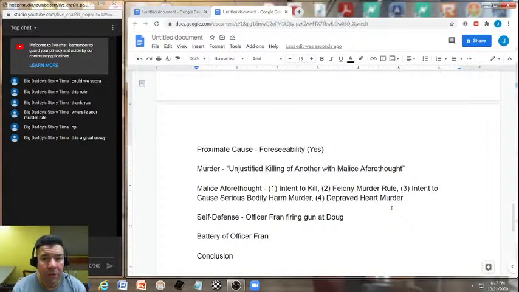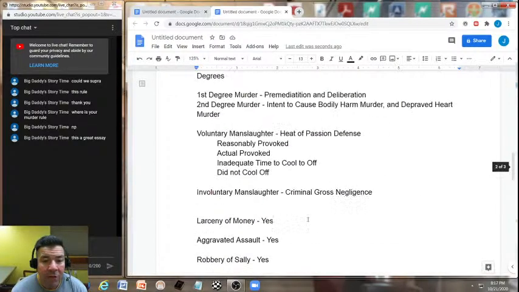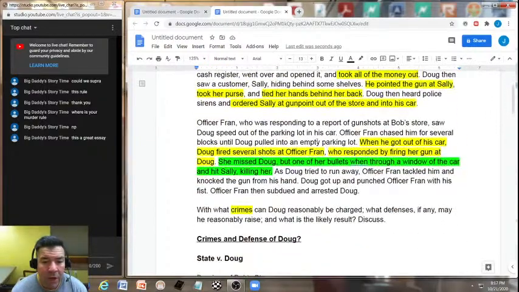So we're going to bring up the inherently dangerous felony aspect later, but we have satisfied all the requirements for our felony murder rule, and even proven to some degree, and this is very well proven from our facts right here, that Officer Fran has responded to the report of gunshots at Bob's store. That Doug has not reached a place of safety, which means he's still in the commission of the felony. So Doug is still liable for all of the homicides resulting from this commission of the felony. The felony either being the kidnapping, the modern law burglary, or possibly both.